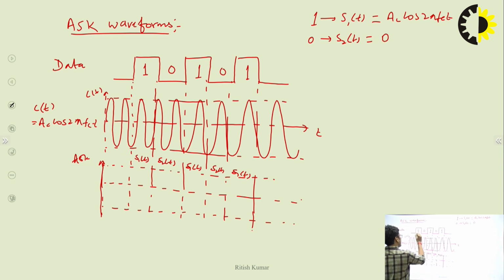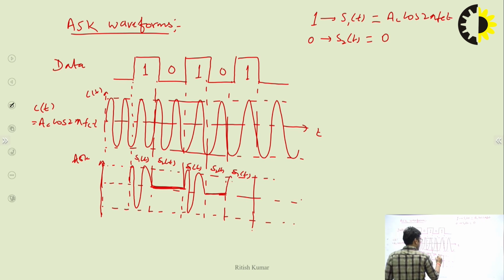So one is present here, then we have a carrier waveform, then there is no waveform. Then again we will have the carrier signal, again no carrier wave, again we will have a carrier wave here.